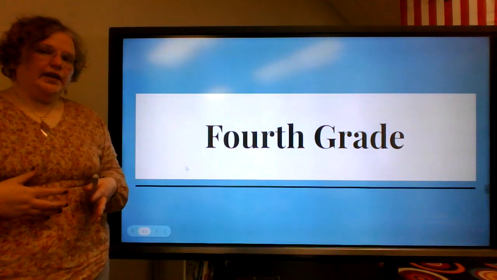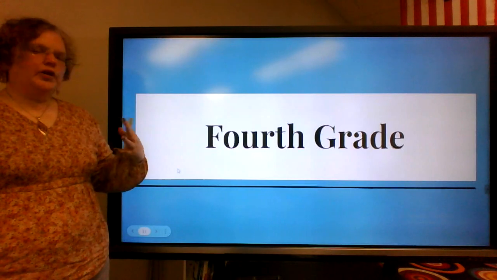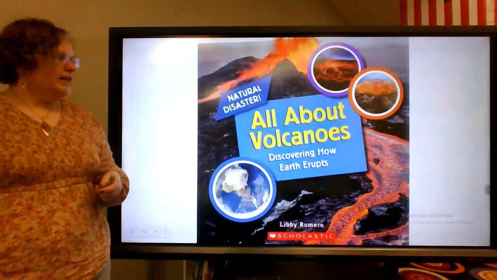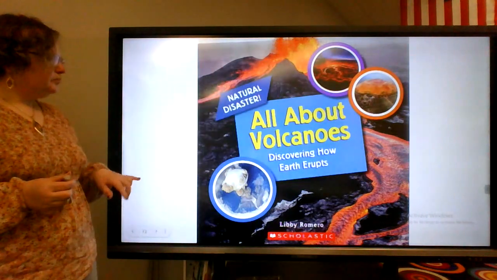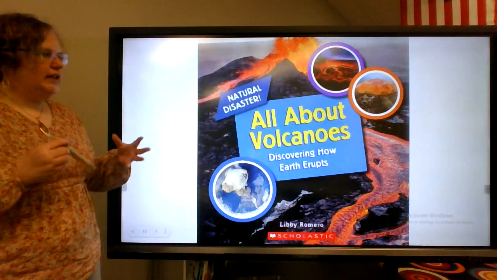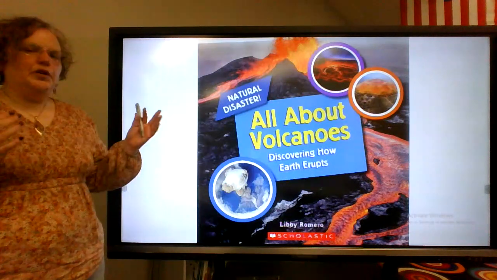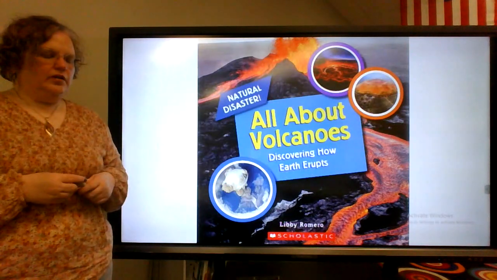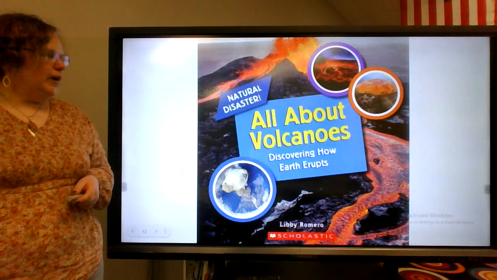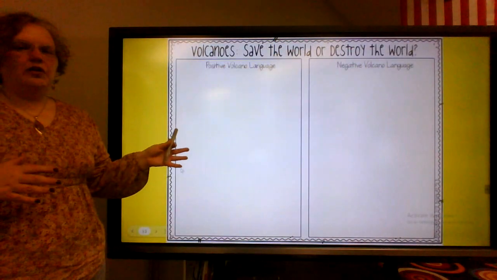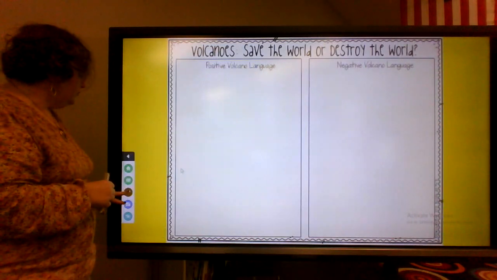In the fourth grade level, of course, they would have a more complicated book and a more complicated assignment, but still, graphic organizers can be utilized. I would give them this book in digital form. They can access it on Google Classroom. And before they access this digital book, All About Volcanoes by Libby Romera, I would show them and demonstrate this graphic organizer for them.